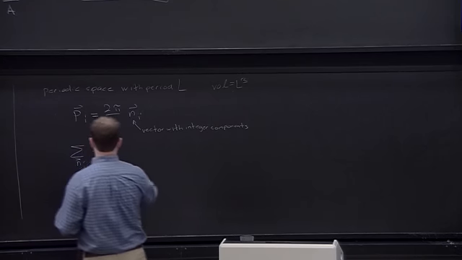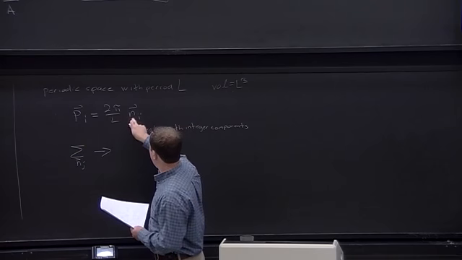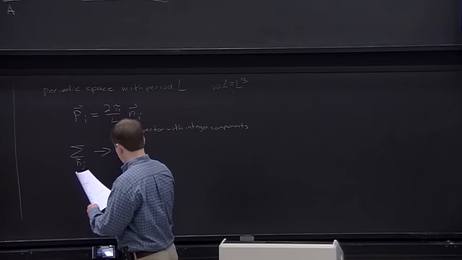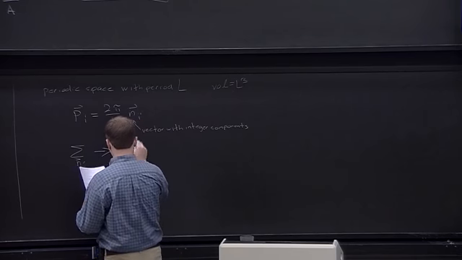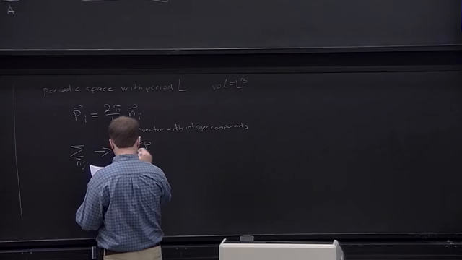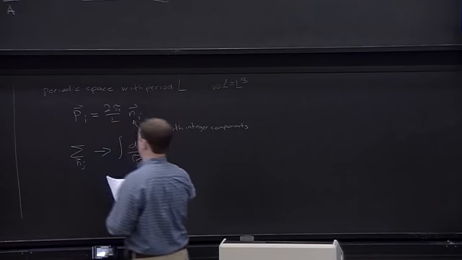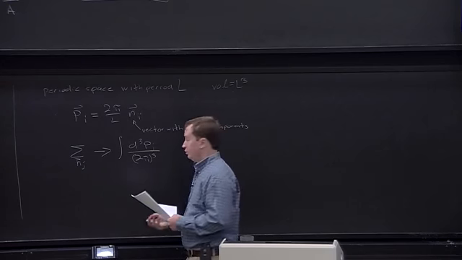And once we took the continuum limit, these n's are related to p's by factors of 2 pi over L. So we'd get a sum over d3pj over 2 pi cubed, one 2 pi for each dimension of space.